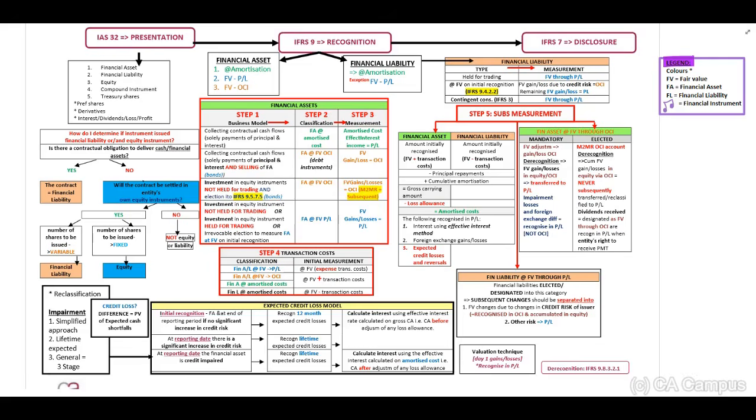Now why? Financial instruments include a significant amount of theory that you need to study. And remember, our focus is long-term memory. Therefore, I have used different colors. Every time when I talk about amortized cost, I've tried to use the green.